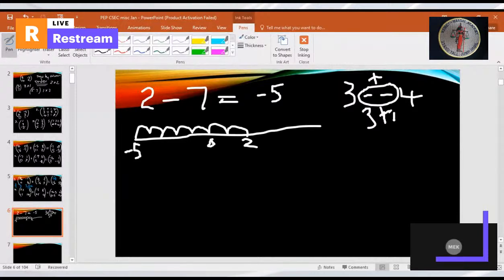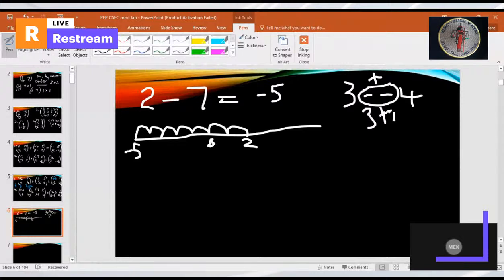Likewise, negative 3 minus negative 4 is the same as saying negative 3 plus 4. So 3 minus 4 would give negative 1, and 3 minus negative 4 would give 7.